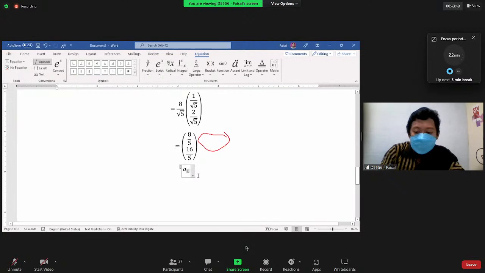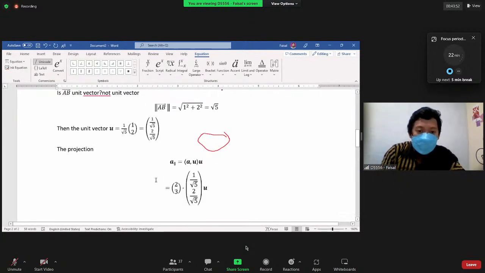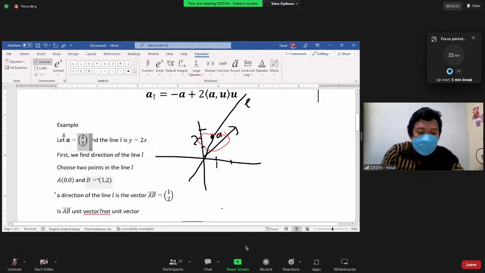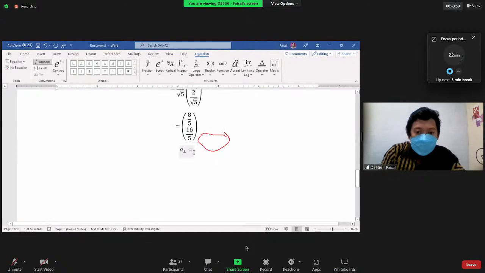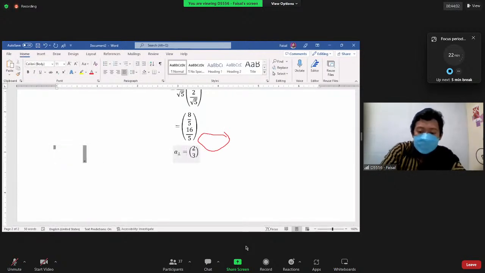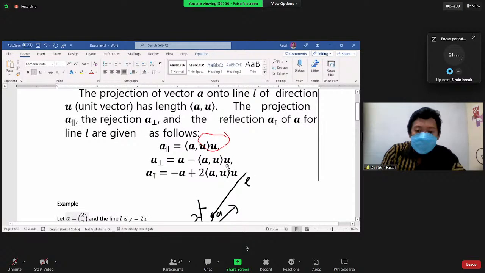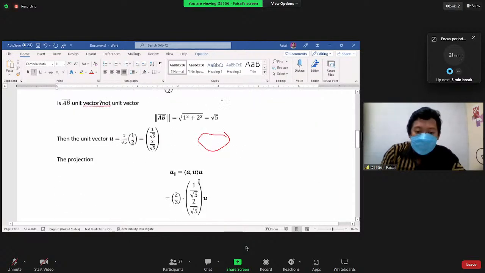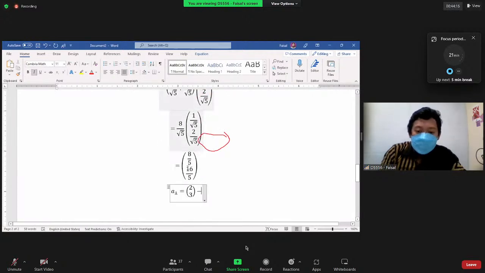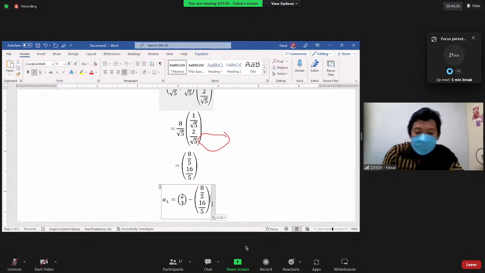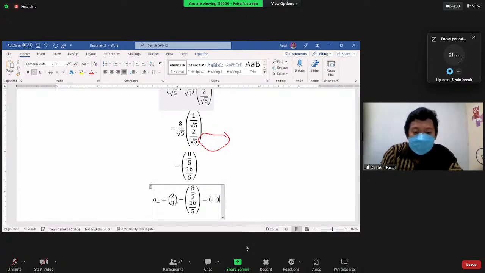So the rejection is A minus the projection of A. We now have the projection, so what is the result?